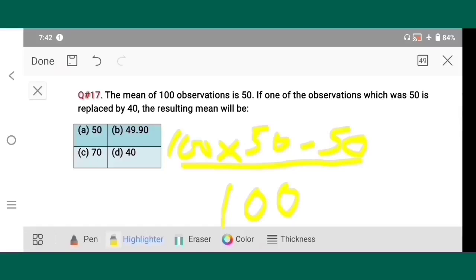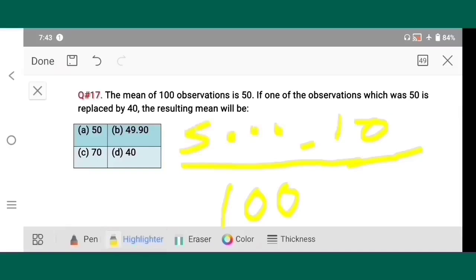Because we are going to exclude 50 and replace it by 40. So minus 50 plus 40 gives minus 10, and 100 times 50 gives 5000.